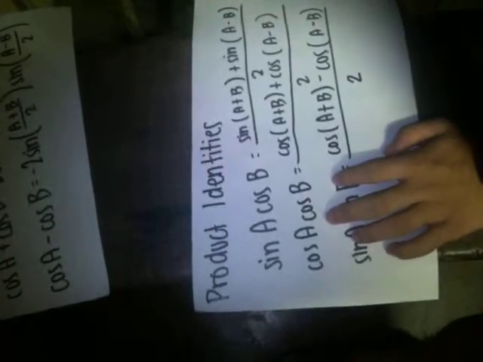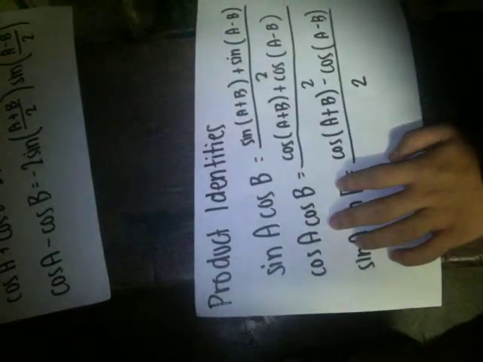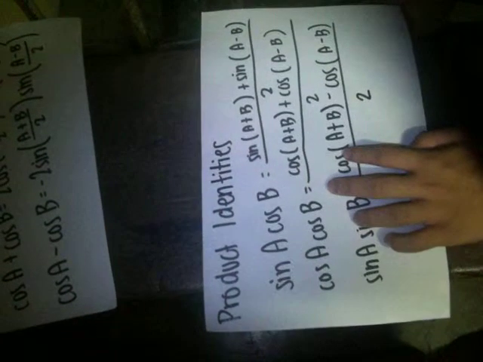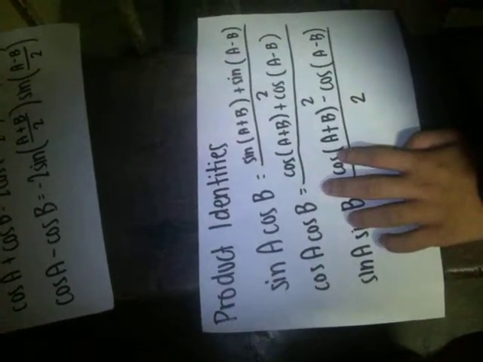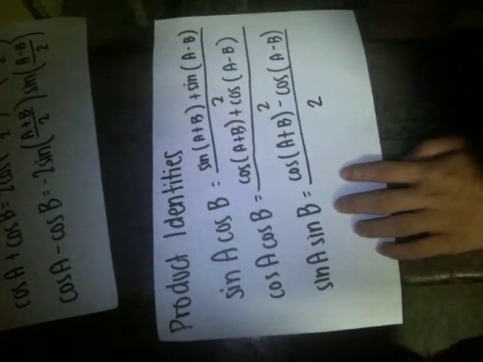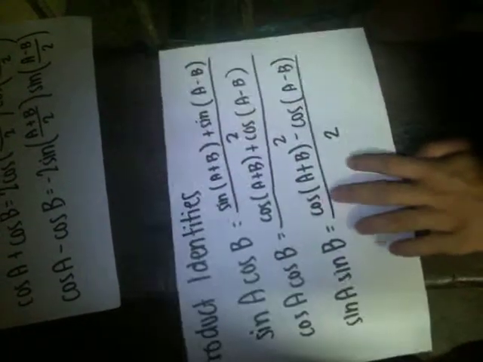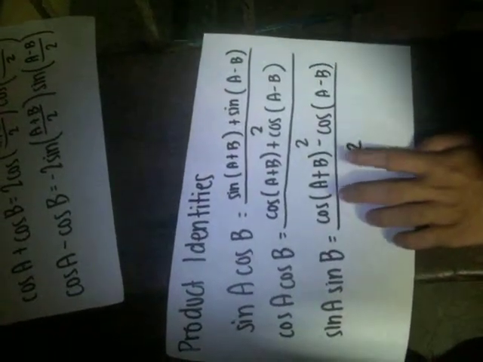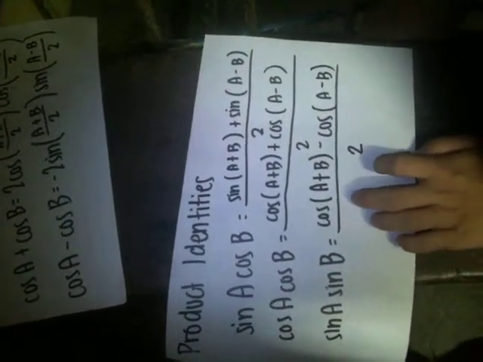The next is cosine A cosine B is equal to [cosine of (A plus B) plus cosine of (A minus B)] over 2. The last is sine A sine B is equal to [cosine of (A minus B) minus cosine of (A plus B)] over 2.